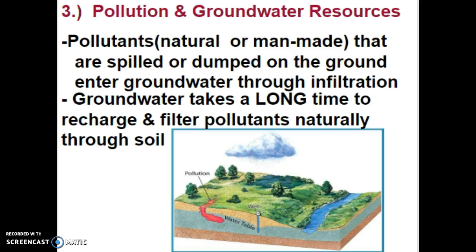But if groundwater becomes polluted, it will more than likely stay that way unless that groundwater is pumped out and treated. So we do need to be careful about things that we put on the surface, things like pesticides and insecticides and other chemicals that we use for a lot of everyday things in our lives. When those things get into groundwater, we have a very difficult time naturally filtering those materials out.